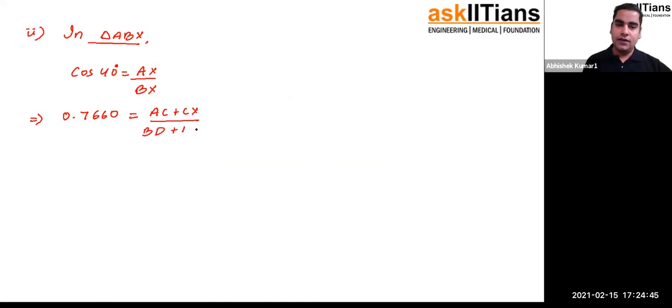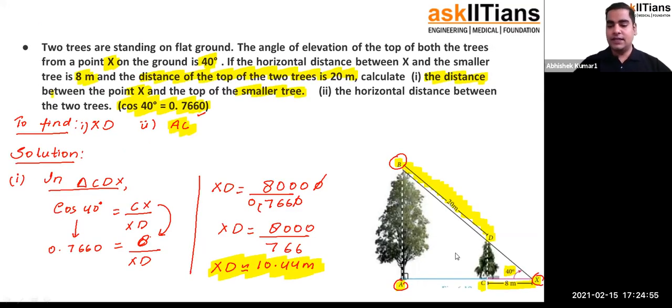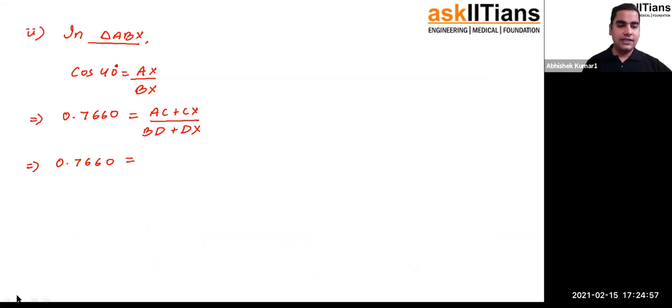All right, so now we are going to substitute the values. We have 0.7660, which is equal to AC plus CX. What is AC? AC we have to calculate. CX is 8, so you will have AC plus 8.